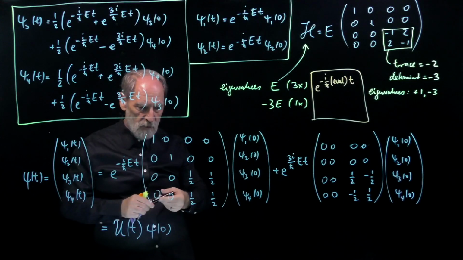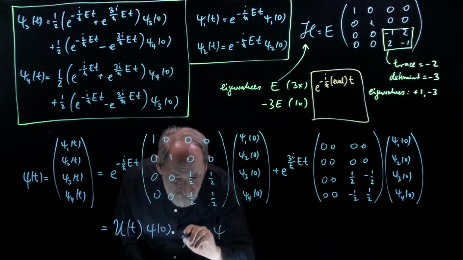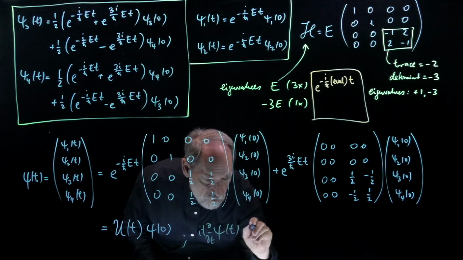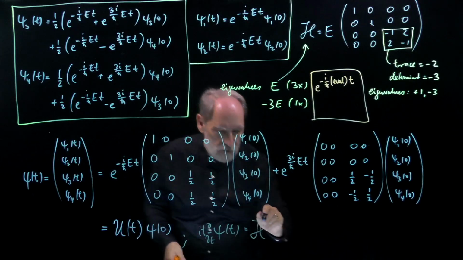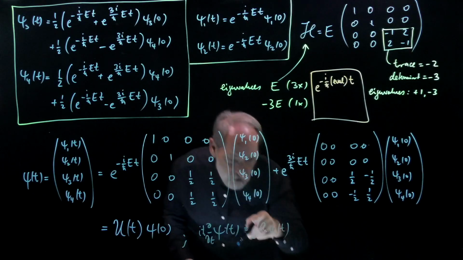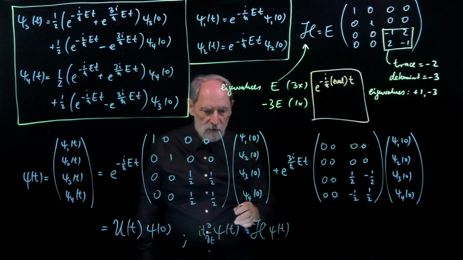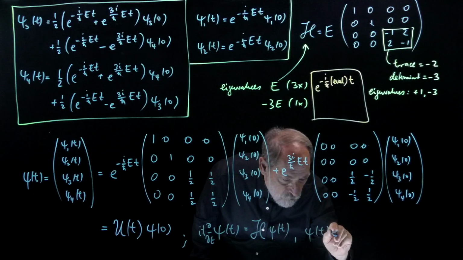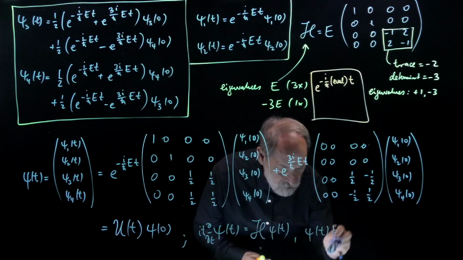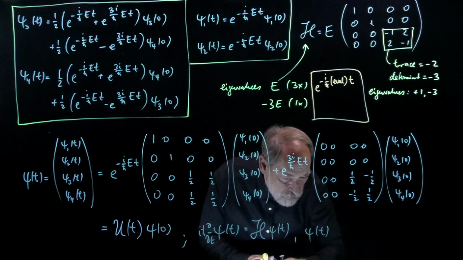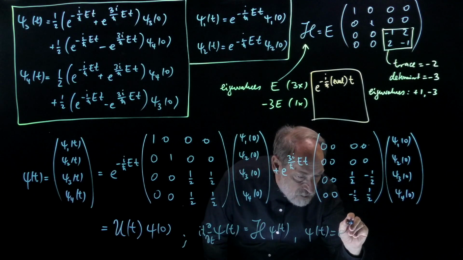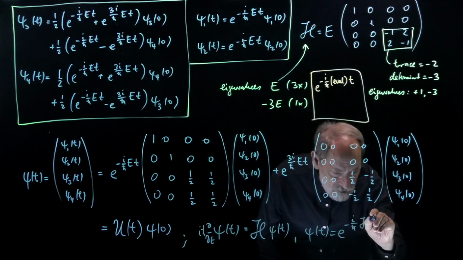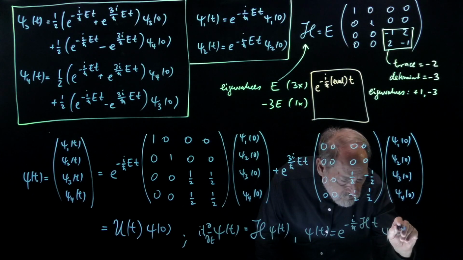All of this comes from i h bar times the time derivative of psi of t being equal to the matrix for the Hamilton operator applied to psi of t, but this matrix does not depend on time. So this equation has an immediate solution of the form psi of t equals exponential of minus i divided by h bar, the matrix H times t, applied to the psi of 0.